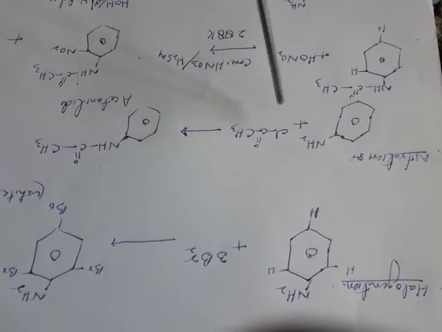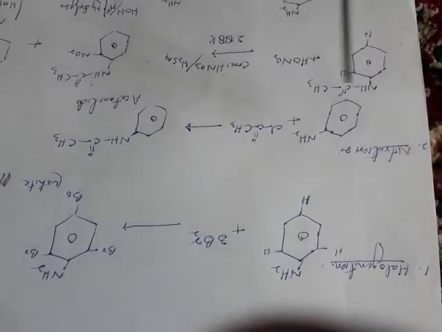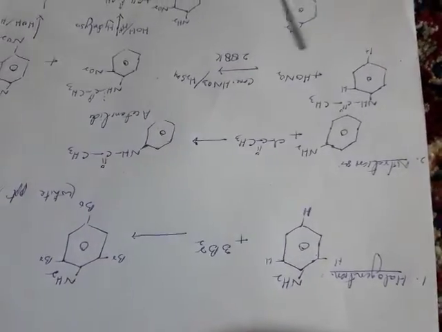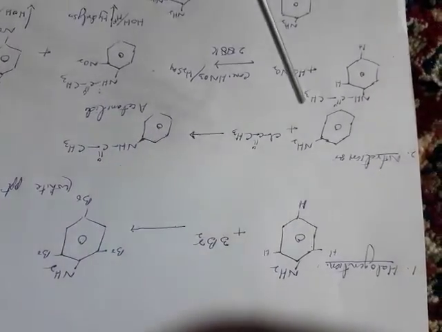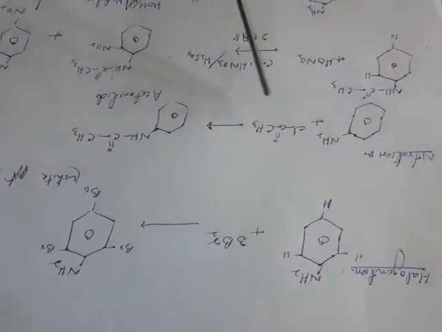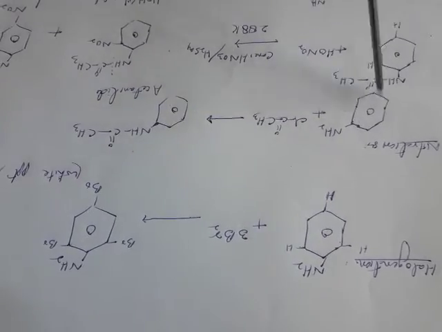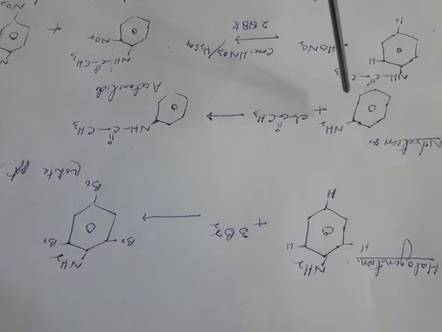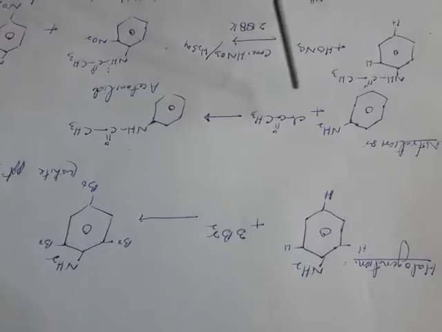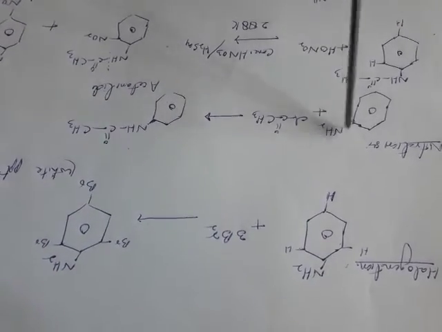Nitration is usually carried out using a mixture of concentrated nitric acid and concentrated sulfuric acid. However, the nitration of aniline cannot be carried out directly, because nitric acid is a strong oxidizing agent and it decomposes the amine group.